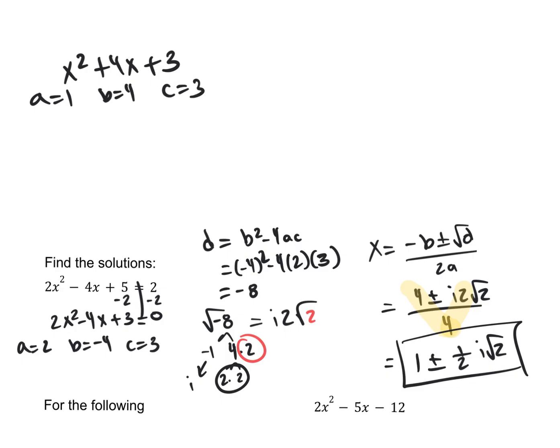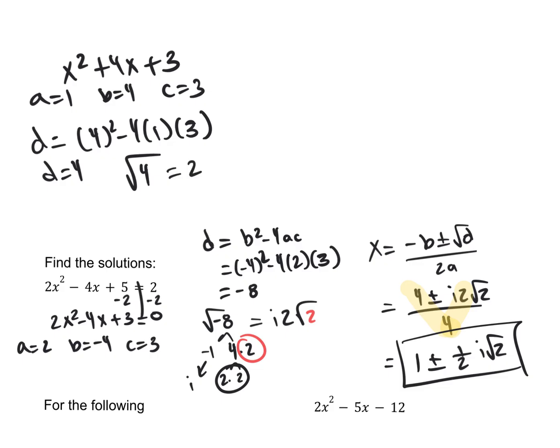Then for that problem, when I do the discriminant, I get B squared minus 4 times A times C. And when I type this into decimals, decimals gives me a nice number of 4, which means that we have a nice radical, a nice square root. Square root of 4 is just 2.